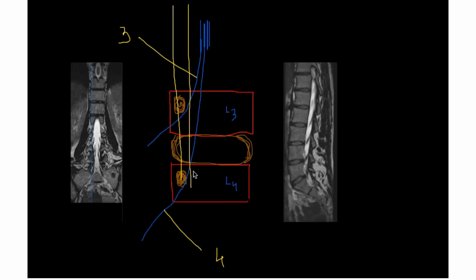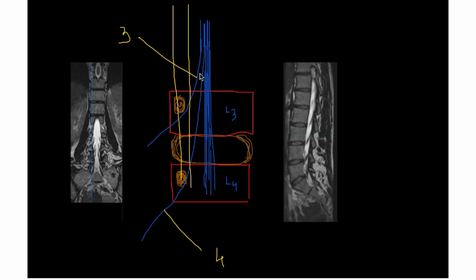Now this traversing root is going here. This root is going here. Understood now? Yes. Now what will happen to these roots? There are other roots also which are traversing, right? Where are they?